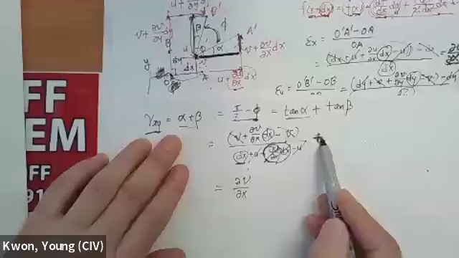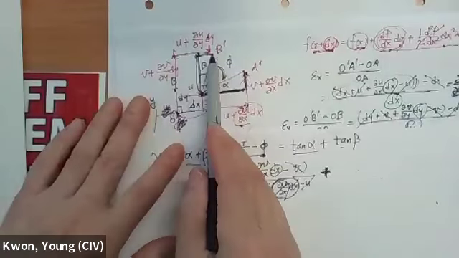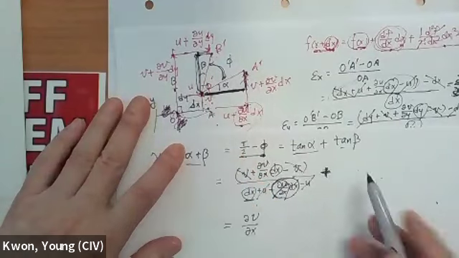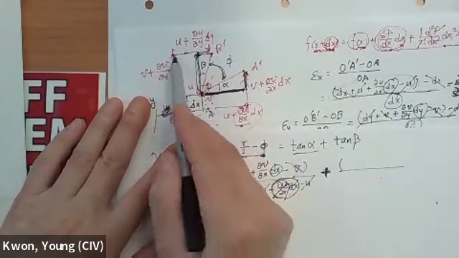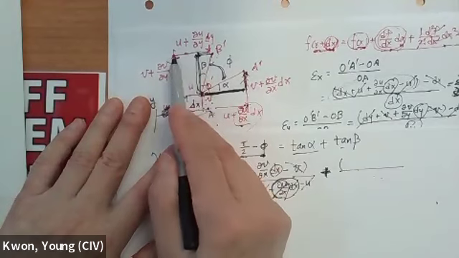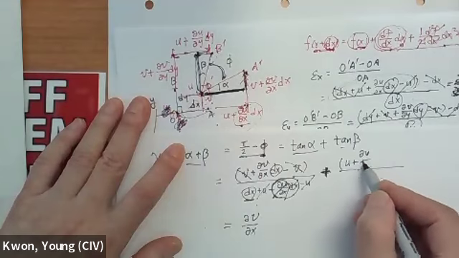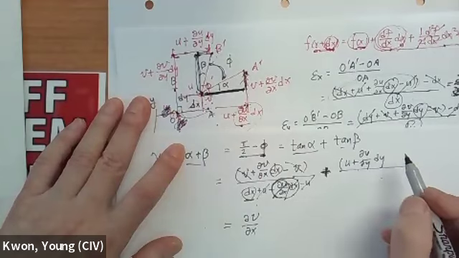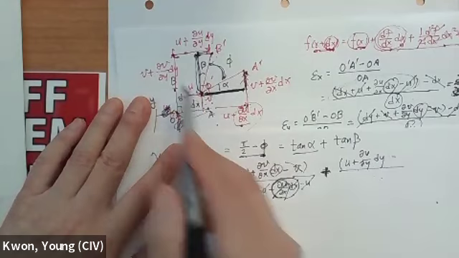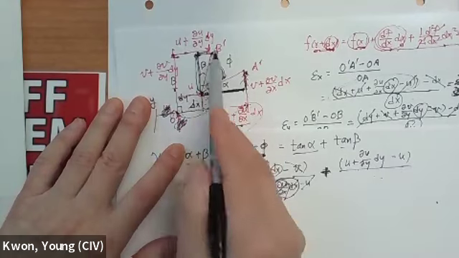And plus, tangent beta is going to be the same thing. This divided by that. This component is going to be from here to here, u plus du/dy dy minus u. That's going to be this distance.